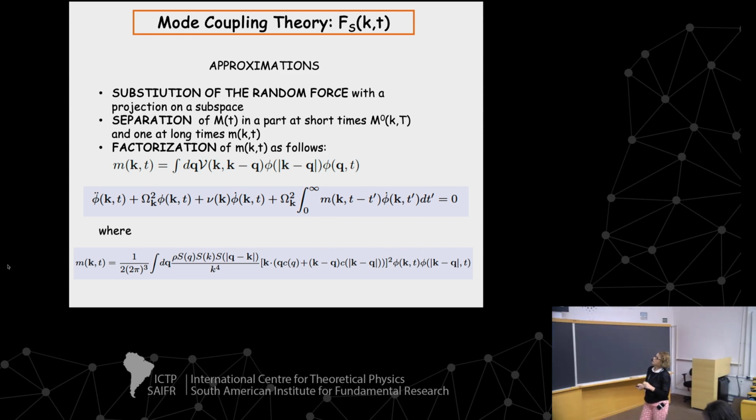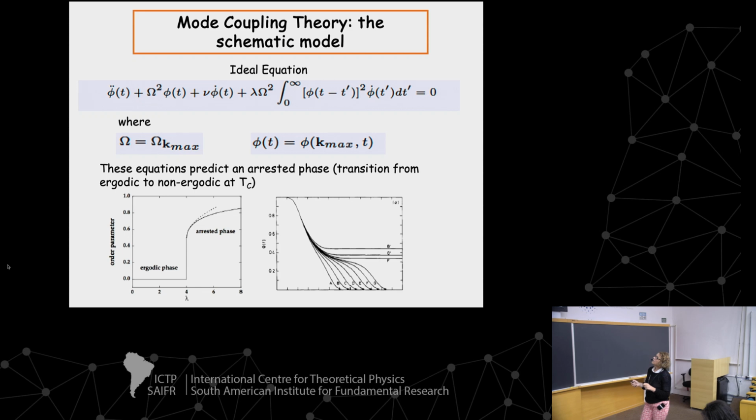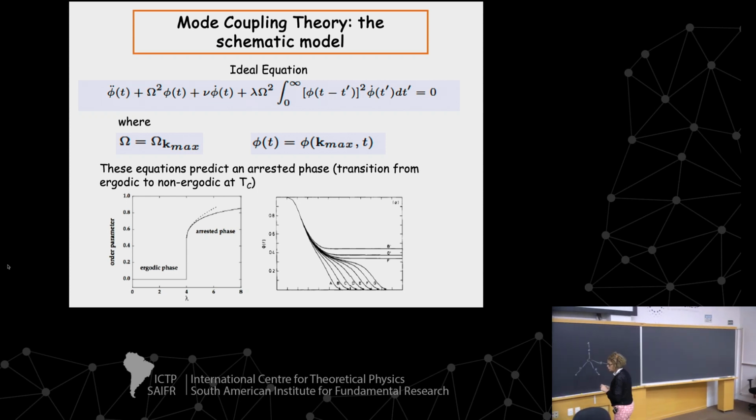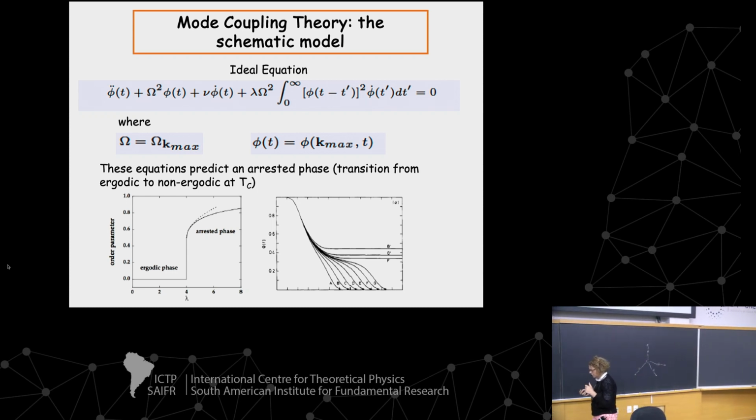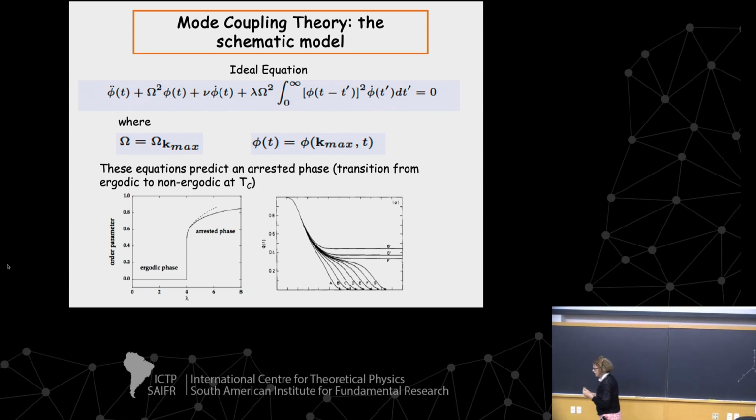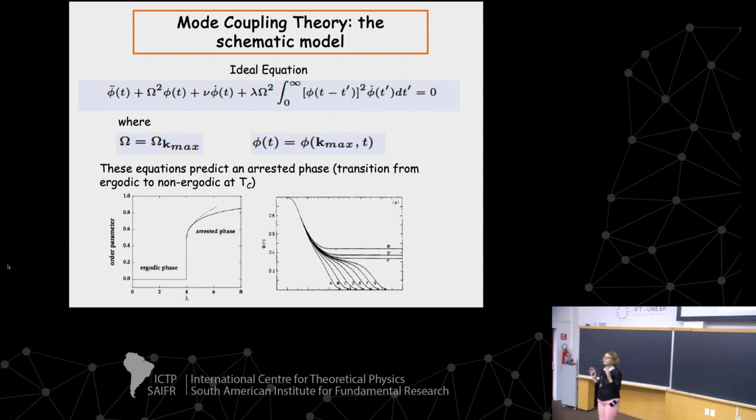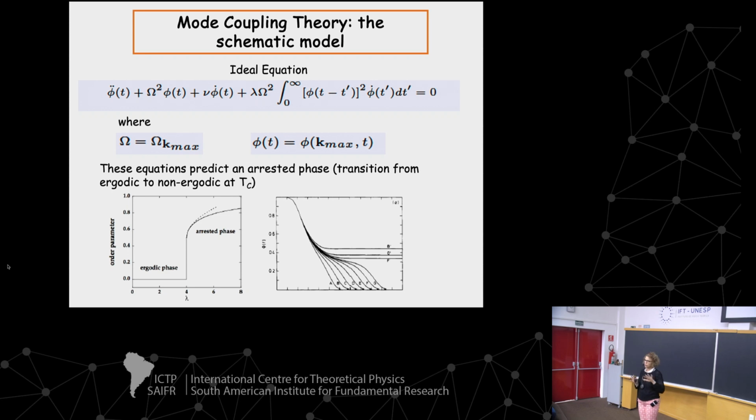So this is how M of k,t looks for these two modes. And what is important is that doing an expansion close to the Mode Coupling singularity, which is the point in which we have the ergodic to non-ergodic transition due to the freezing of the cage, without hopping, so this apparent freezing in real glasses.